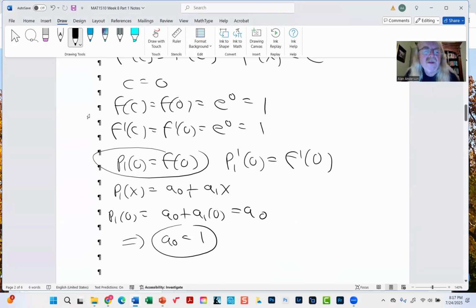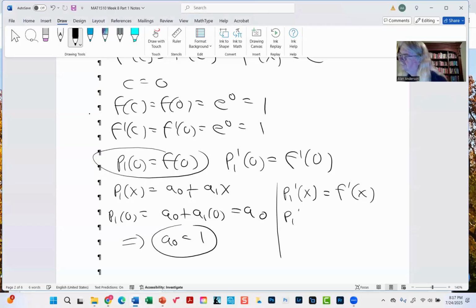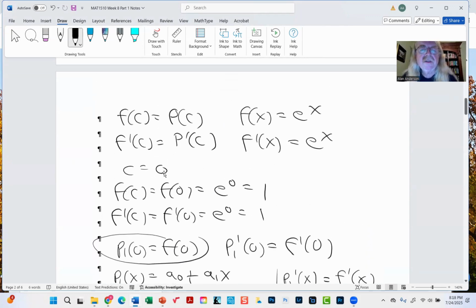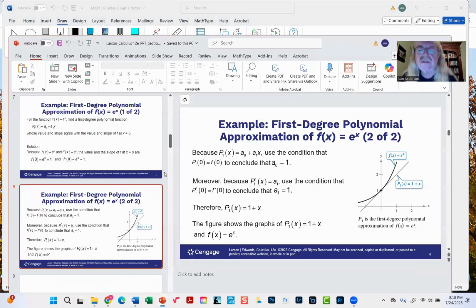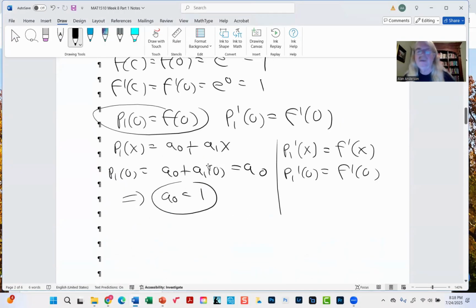Now for the derivative. So let's see, I don't think we took the derivative of p of x yet. No, we did not. All right, so let's do that right now.